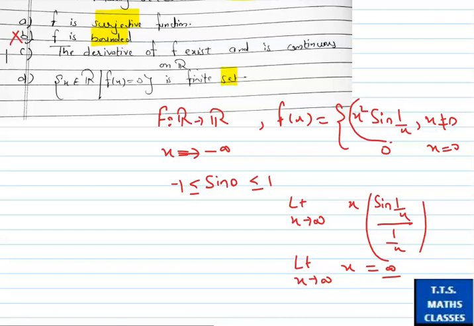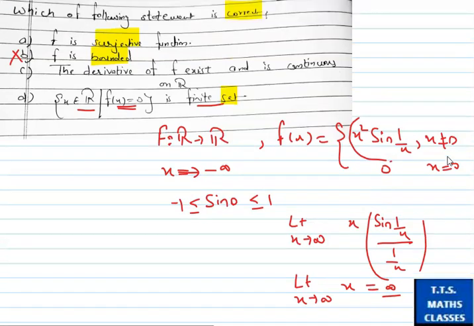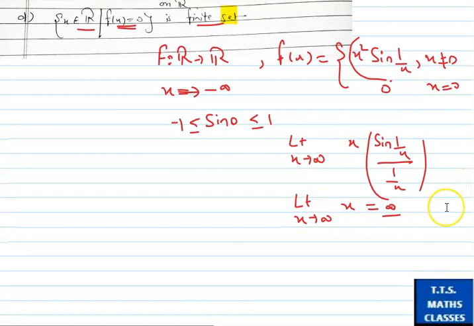Now let us check option D, which says the set of x belonging to R where f(x) is equal to 0 is a finite set. It means the set of elements for which my function f(x) is equal to 0 has a finite number of elements. Is it possible? Let us take the value of x equal to 1/(nπ), where n is any integer.